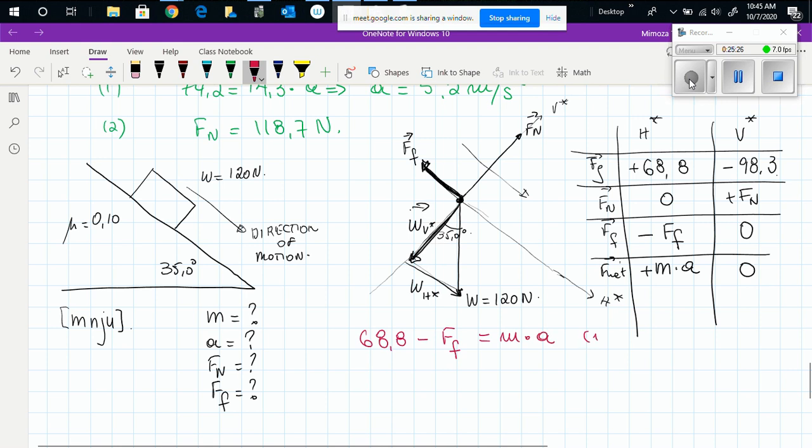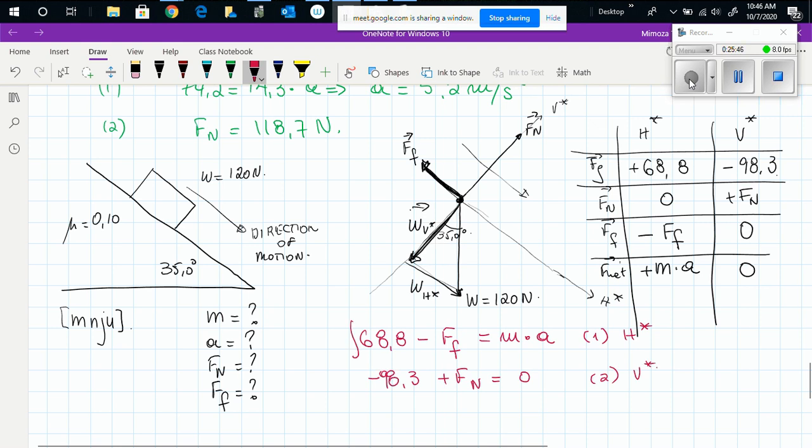And this is from the new horizontal. And from the vertical, what we have is negative 98.3 plus force normal is equal to 0. And this is from the new vertical axis.